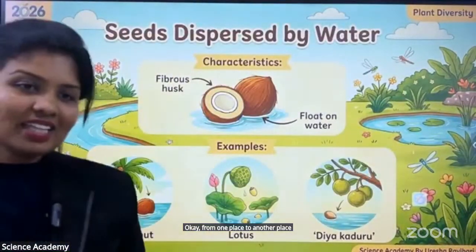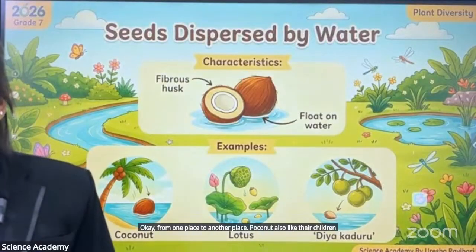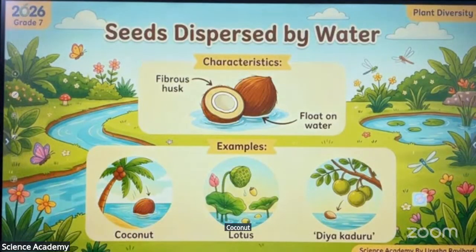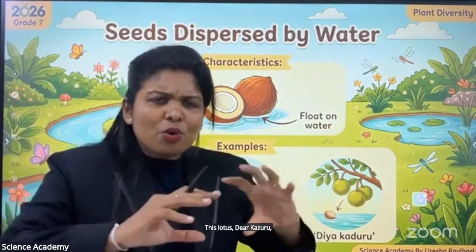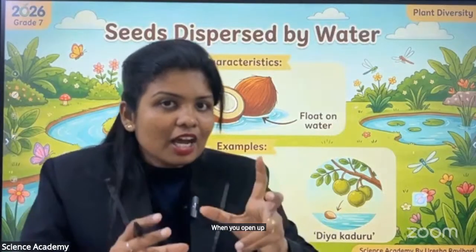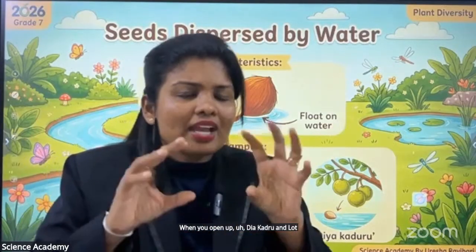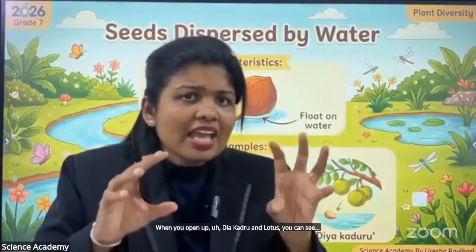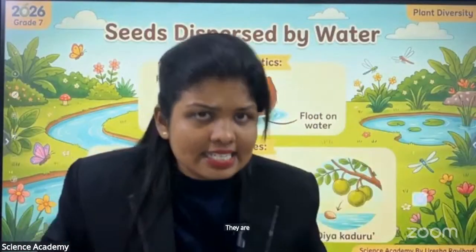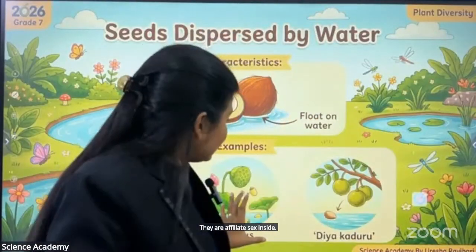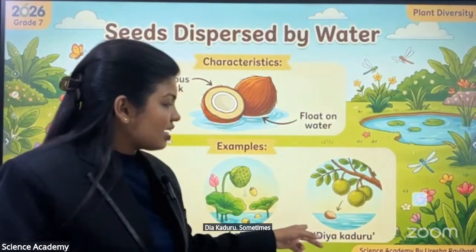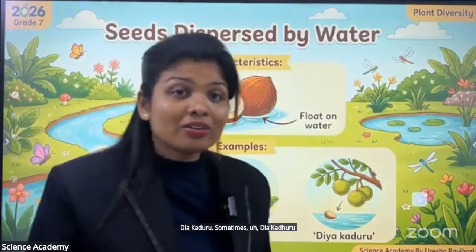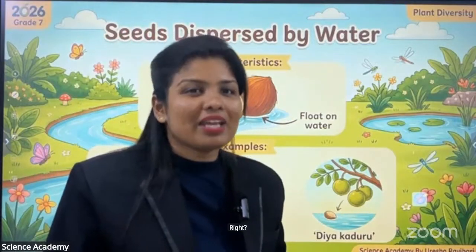Coconut is also like that, children. And then this lotus, and diya kaduru. When you open up diya kaduru and lotus, you can see air-filled sacs inside these seeds. Sometimes diya kaduru is called gon kaduru in some areas.